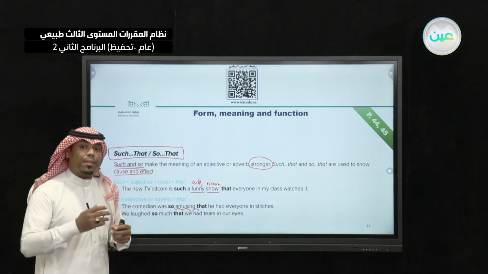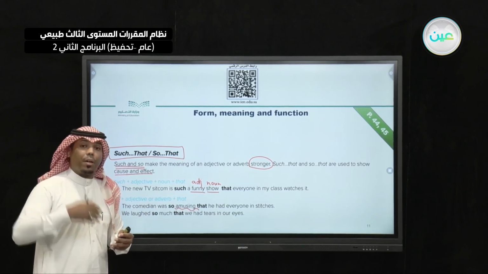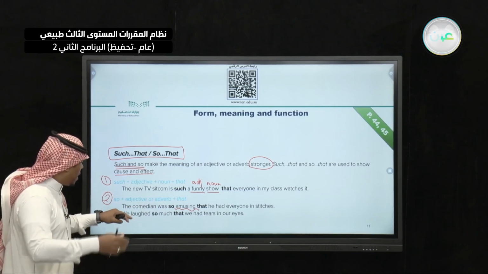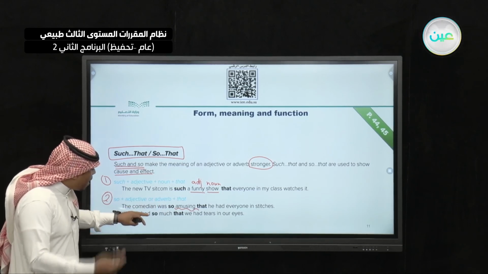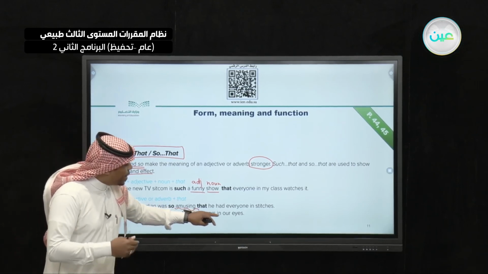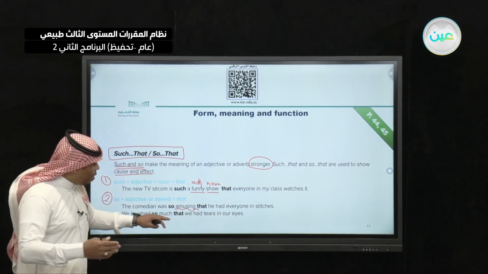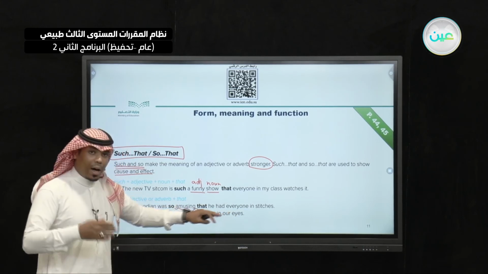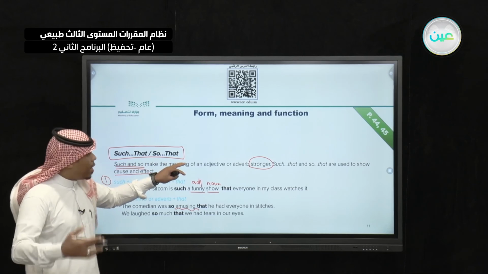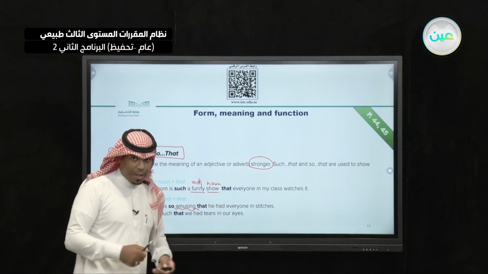Now I am making the adverb or the adjective stronger, not more stronger. We talked about the comparative in the previous lessons. We laughed so much that we had tears in our eyes. So we use such and so to make the meaning of an adjective or adverb stronger. Very good.